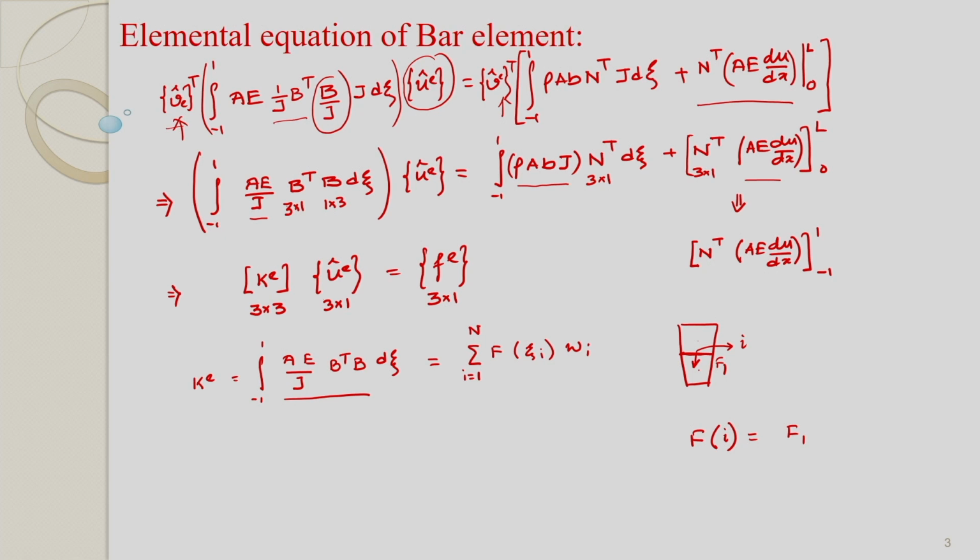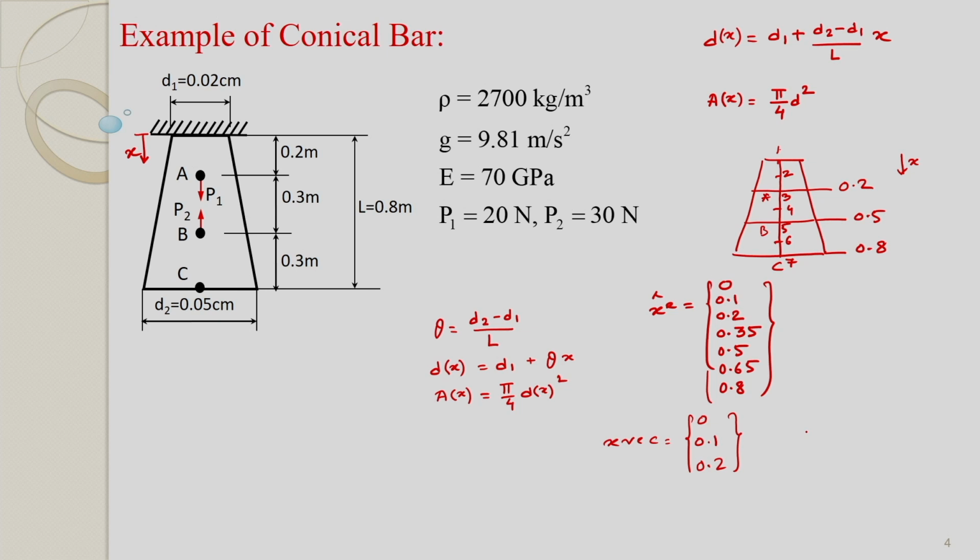So, at x equal to 0 and at x equal to L, we have to consider the boundary condition given in the original problem. So, at all interfaces they virtually cancel each other, either they give 0 or point load if it is present. So, always we should consider the point load at the global level. Now, for this problem we have point load at node 3 and node 5.